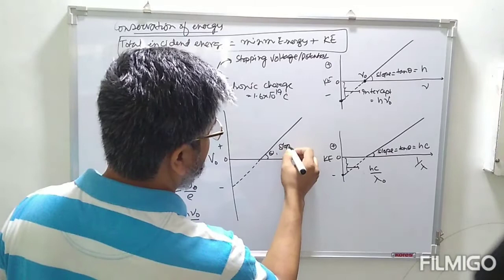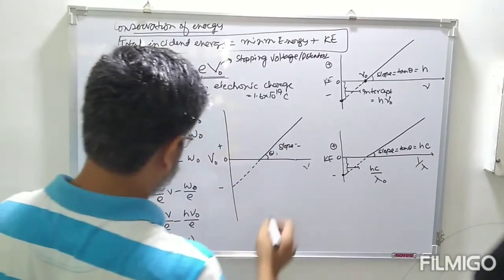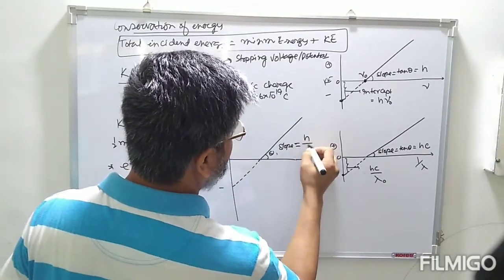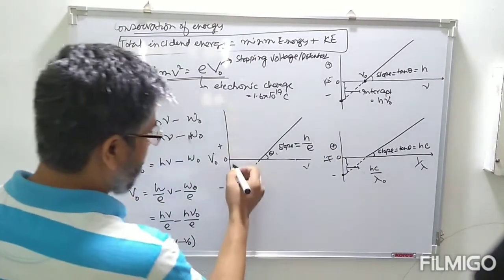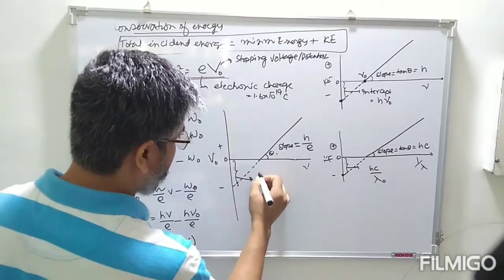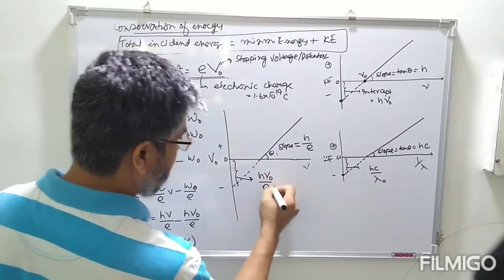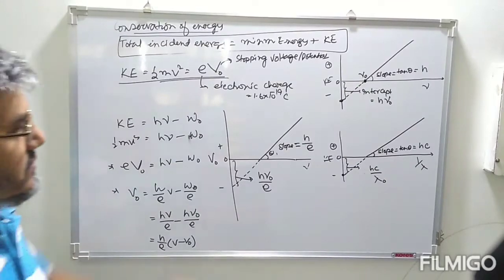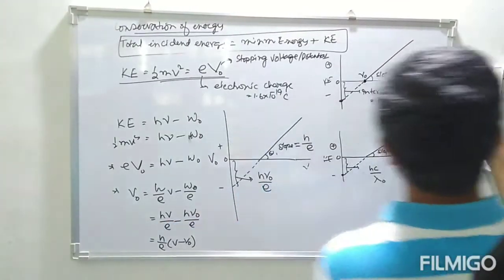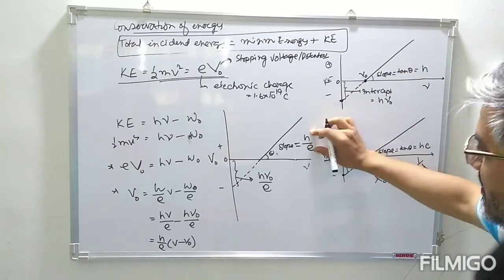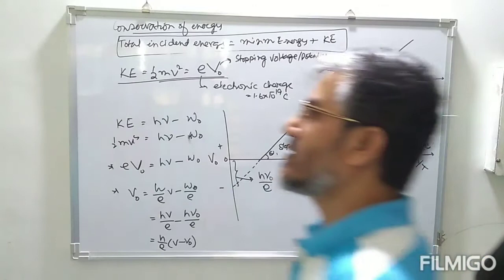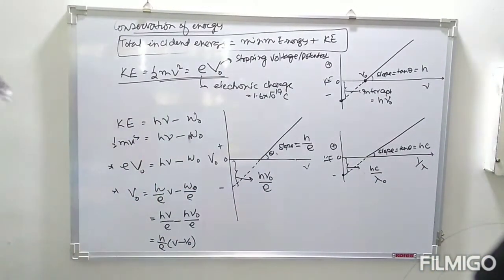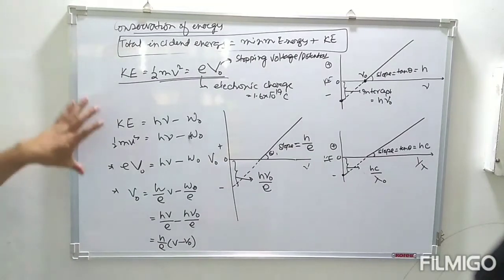So therefore slope is equal to h by e, and this y-intercept is equal to h nu naught by e. So the only difference is the slope. If you look at this, slope is h by e. So take the ratio, where e is electronic charge. So this is kinetic energy, which is measured in terms of stopping potential. So both are the same. The only difference is the concept required.